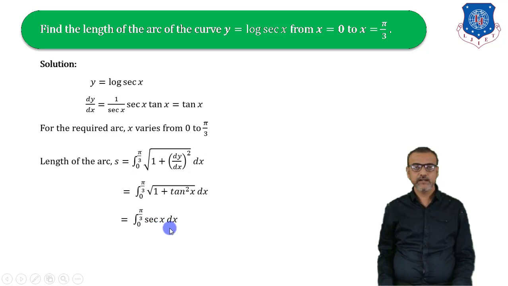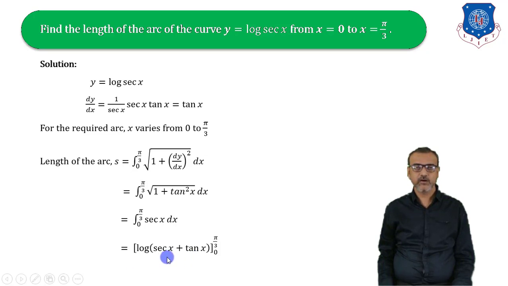Now we will integrate sec x with respect to x. The integration of sec x is logarithm of sec x plus tan x, with limits from 0 to pi by 3. Now we will evaluate this for upper limit pi by 3 and lower limit 0. Replacing x by pi by 3, it becomes logarithm of sec pi by 3 plus tan pi by 3, and the value of sec pi by 3 is 2 and tan pi by 3 is root 3.